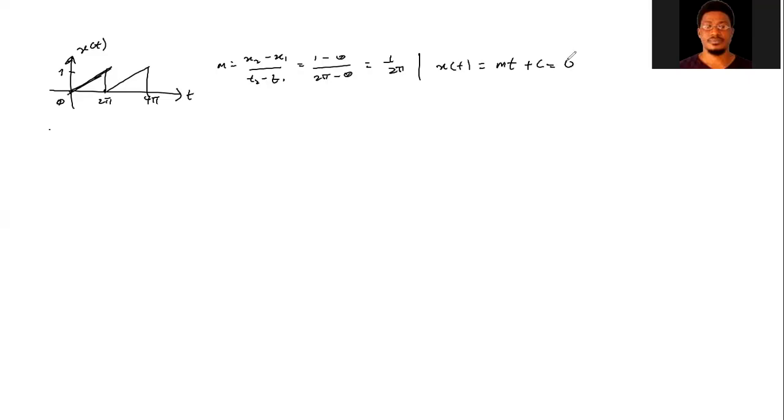So this signal s of t will be the same as 1 over 2 pi t, which is t over 2 pi.